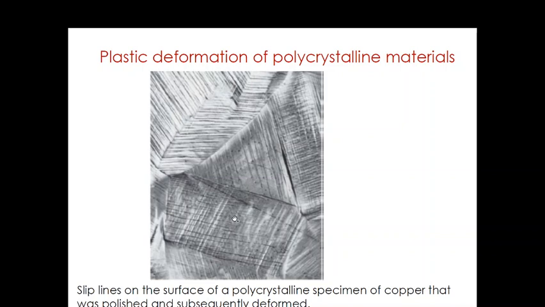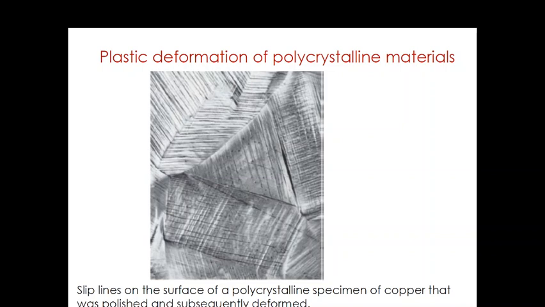As is evident, two slip systems are visible here due to two sets of parallel yet intersecting lines. So within the grain, two slip systems are operating because one set of slip lines are parallel to each other and the second set are again parallel to each other, but both sets intersect each other, meaning more than one slip system is active in this particular grain.